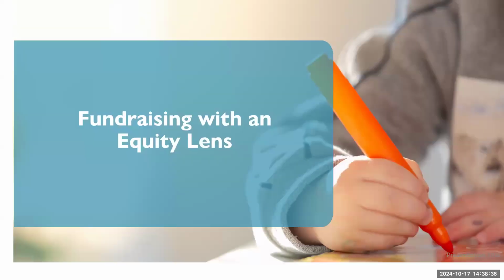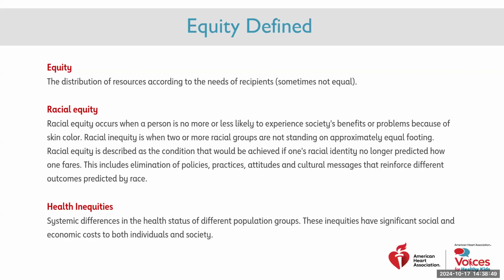Next slide. So the other thing we want to talk about is making sure that you're fundraising with the equity lens. Next slide. All of our policy campaigns, we do focus heavily on equity. We want to make sure that the communities impacted are included at the very beginning.